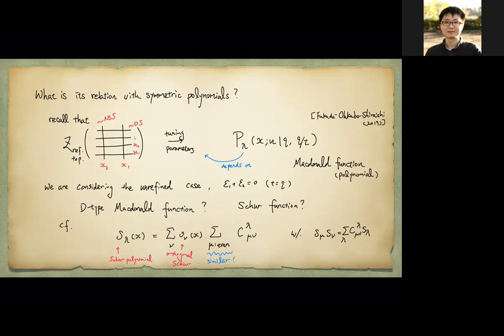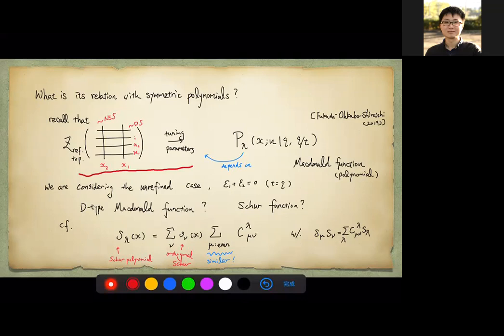So actually in the SU(N) case, if we consider the refined topological vertex and tune the parameter appropriately, then the refined topological string partition function will give the Macdonald polynomial or Macdonald function in general, and so we can expect that at least in the unrefined case, we might be able to get some Schur function, but because we are computing a D-type SO(N) gauge theory, maybe it's related to the D-type Macdonald function.